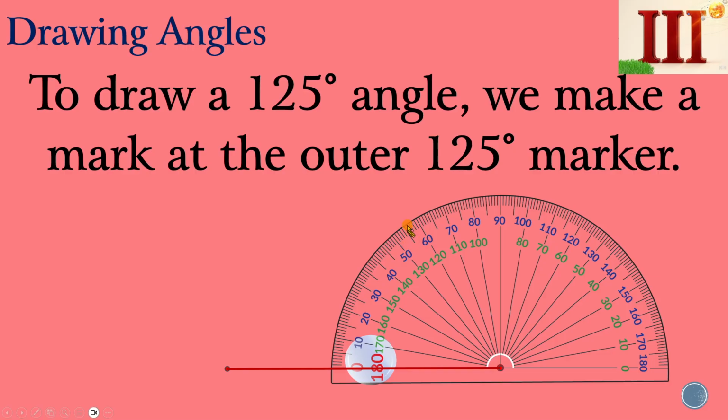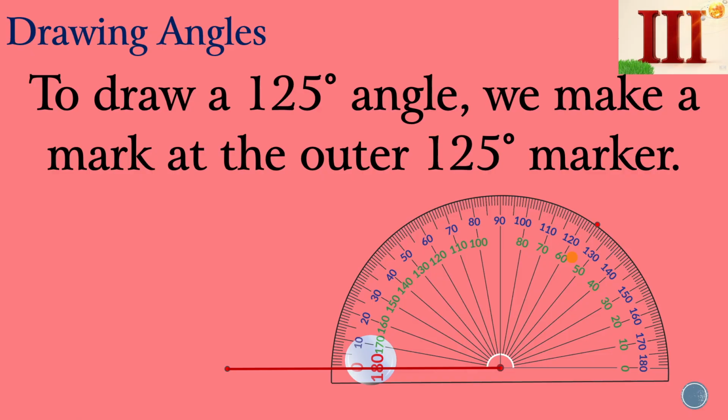If you get to one of these, we want to get to 125. We're using the outer zero: 10, 20, 30, 40, 50, 60, 70, 80, 90, 100, 110, 120, and then halfway through here would be 125. That's where we want to put our point.